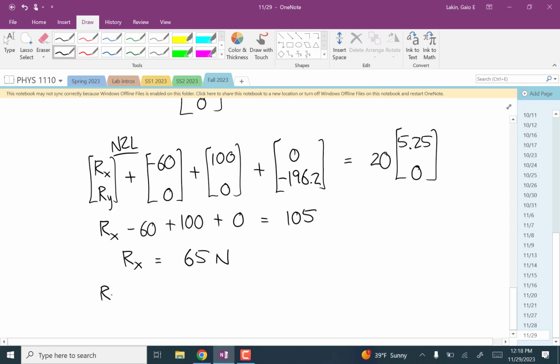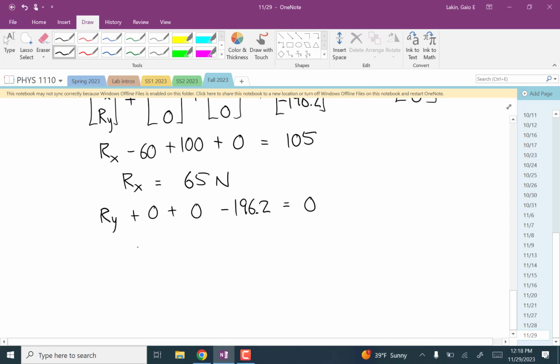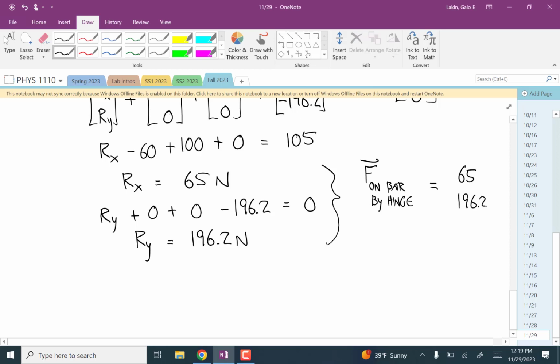And then the y equation says Ry plus 0 minus 196.2 is equal to 0. So Ry is equal to positive 196.2. And so all this says that the force on the bar by the hinge is 65, 196.2.